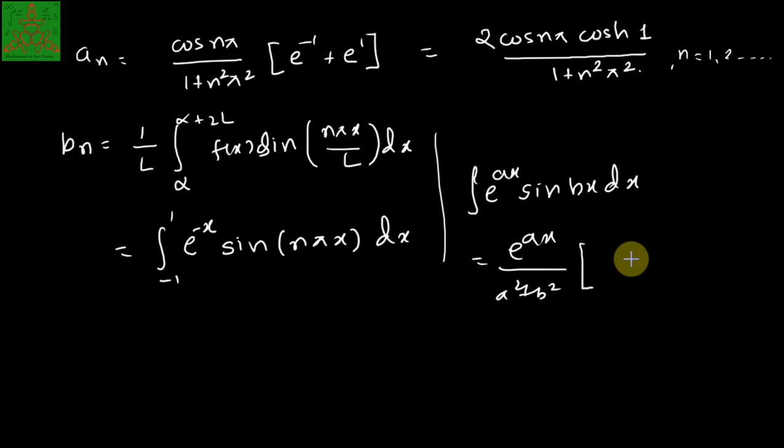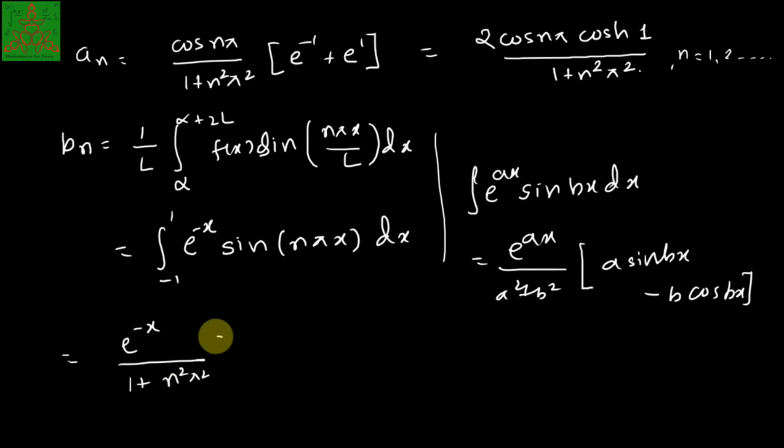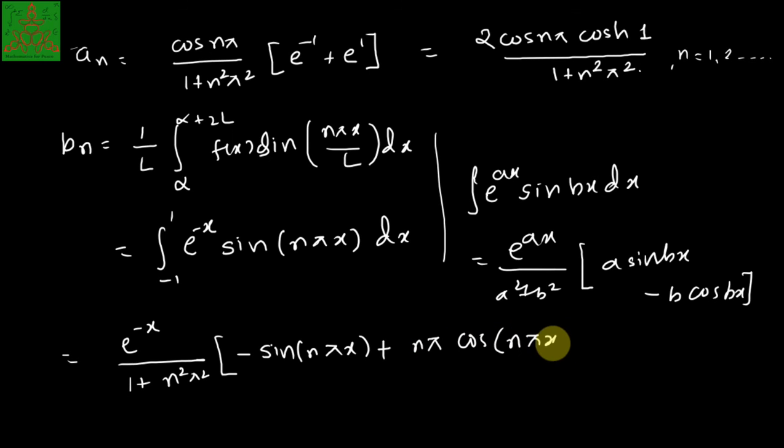In bracket we have a sine bx minus b cos bx. According to this, we can write down this is e power minus x upon 1 square plus n square pi square. Inside bracket a, which is minus 1, sine n pi x minus n pi cos n pi x, and the limit that we have to substitute is minus 1 to 1.